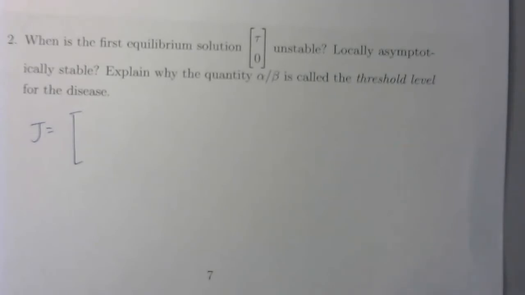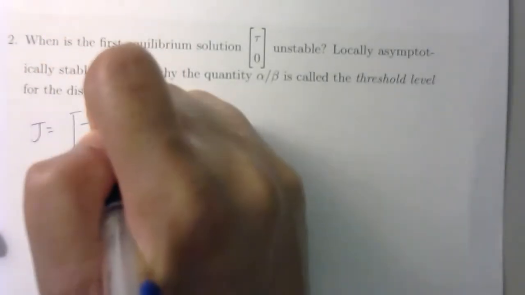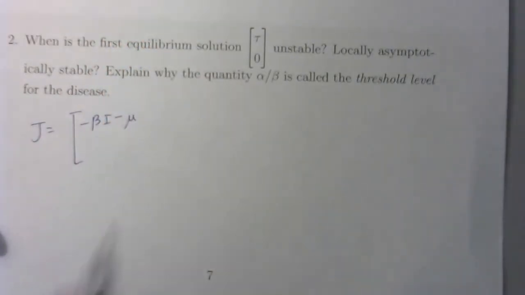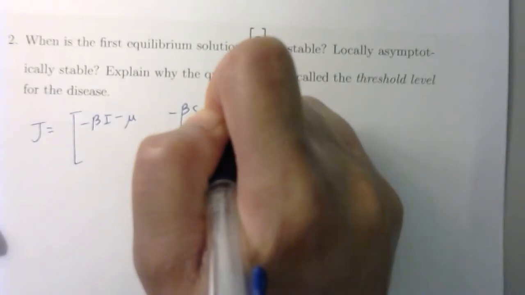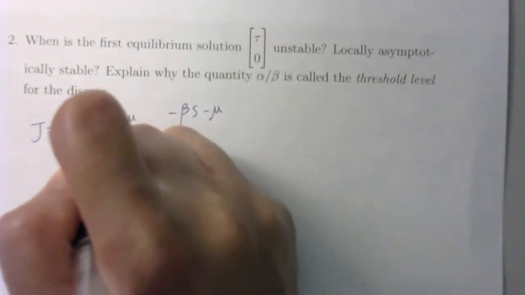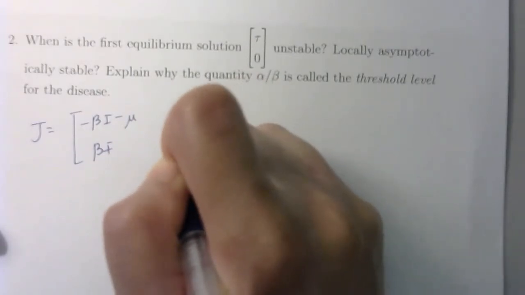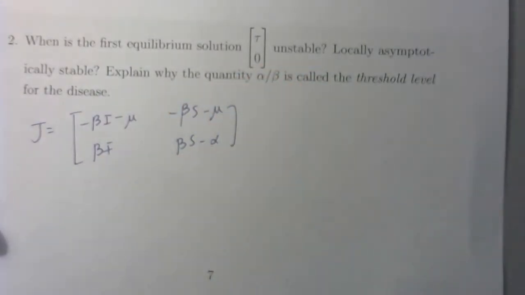So the derivative with respect to S: minus beta I minus mu, minus beta S, then beta I with respect to I, beta S minus alpha. Okay, same form as before.